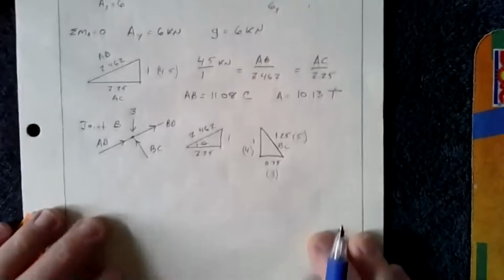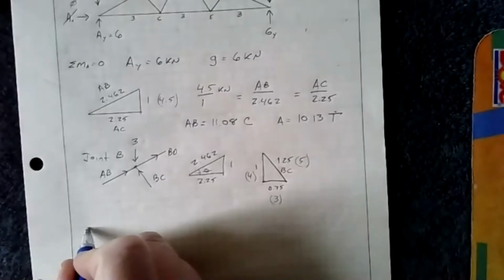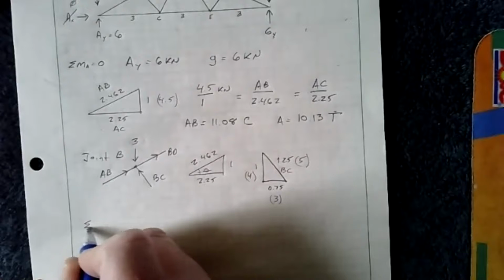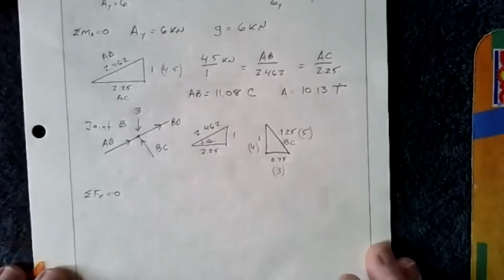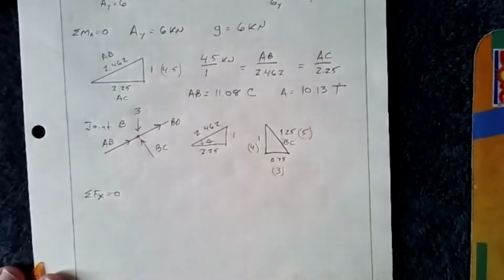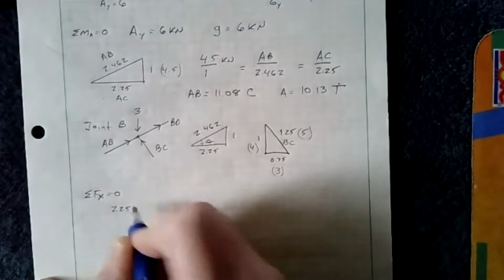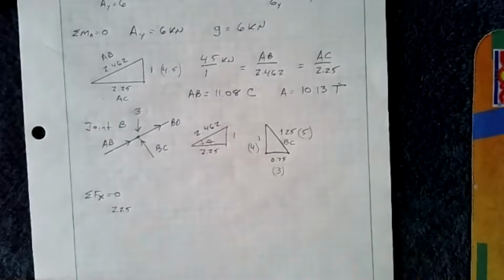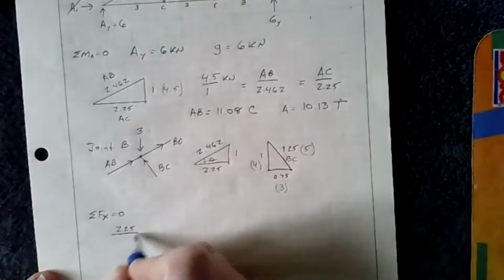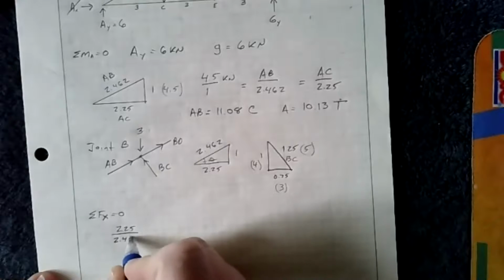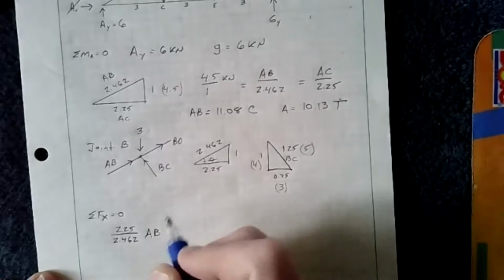So now let's go ahead and solve this one. So first thing, we're going to sum the forces in the X to 0. So if we sum the forces in the X to 0, we get 2.25 over 2.462 times AB. I'm not going to put in the value for AB just yet.